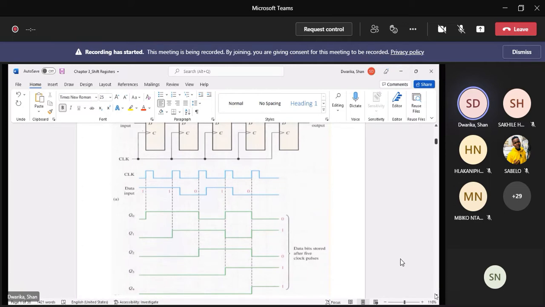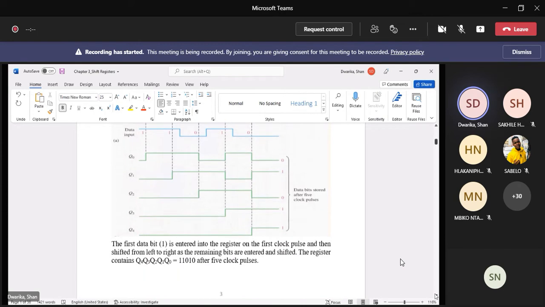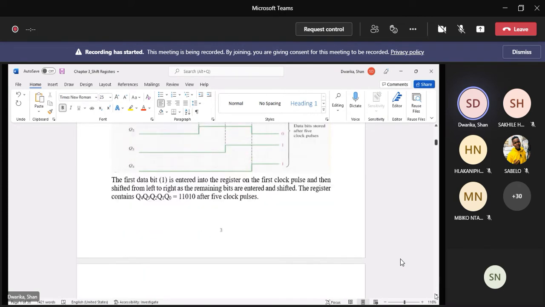So the data input is 1, 1, 0, 1, 0. After 5 clock pulses, you can see on the output you've got 0, 1, 0, 1, 1. The data has to be stored in those 5 D-type flip-flops after 5 clock pulses. So that's serial in, serial out. The narrative down there says that the first data bit is entered into the register on the first clock pulse and then shifted from left to right, and the remaining bits are entered and shifted.